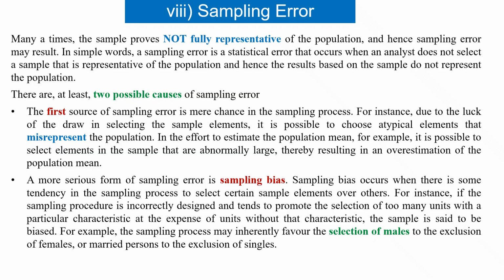So clearly there is a problem with your methodology here. So basically, for sampling error, we are saying that there can be two possible sources. First is that it just happened by chance. Second is that there is a problem with your methodology. Broadly, it means that the sample that you chose was not representative of the population. So that will lead to non-reliable results. We will discuss this in detail and more precisely when we discuss sampling.